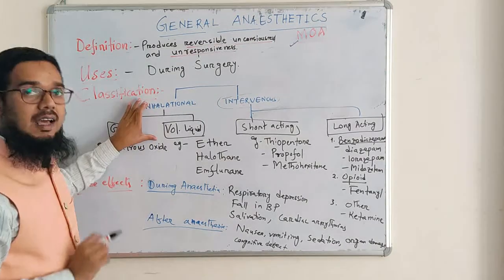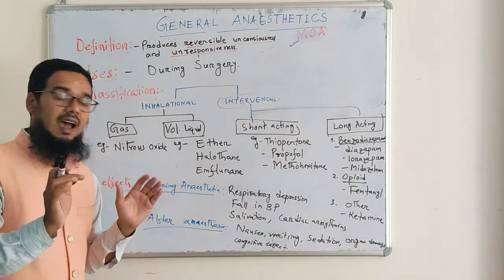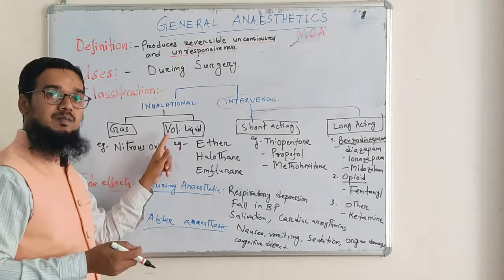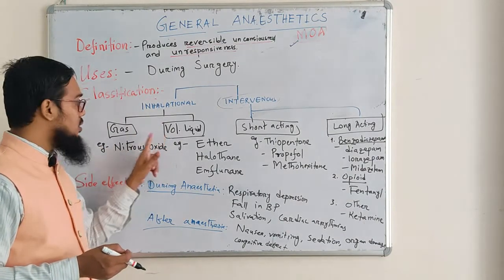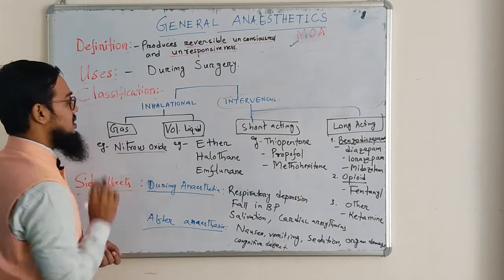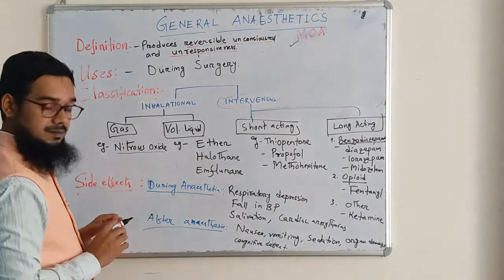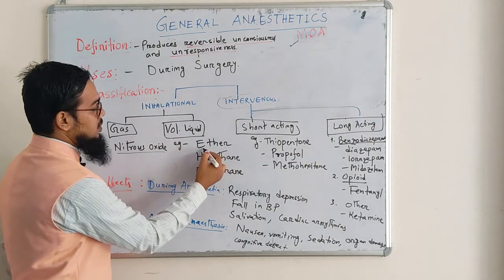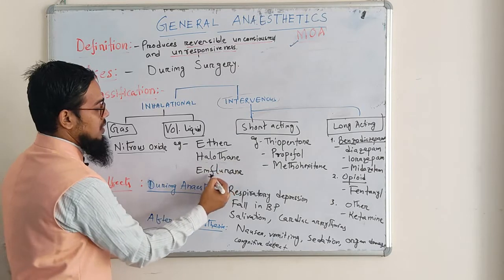Inhalational anesthetics may be gas or volatile liquid. For example, the gaseous anesthetic is nitrous oxide, and volatile liquids include ether, halothane and fluorine.